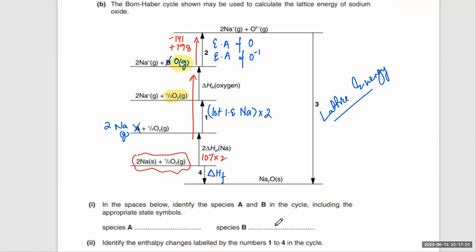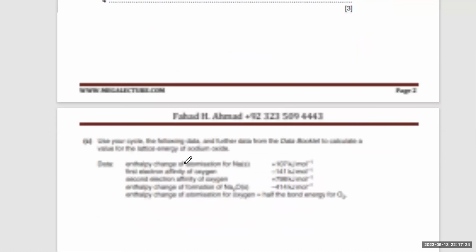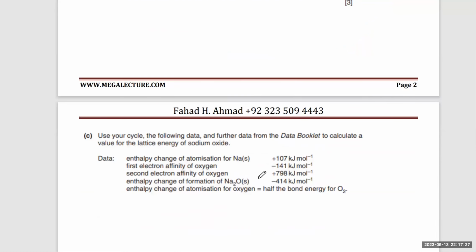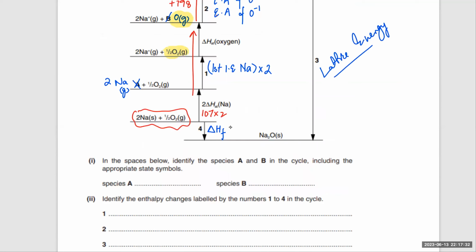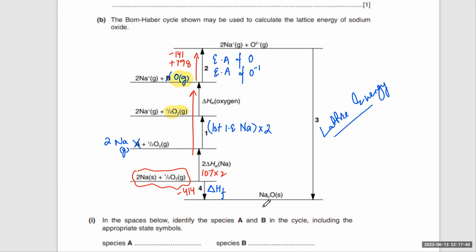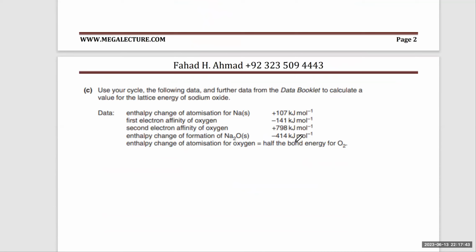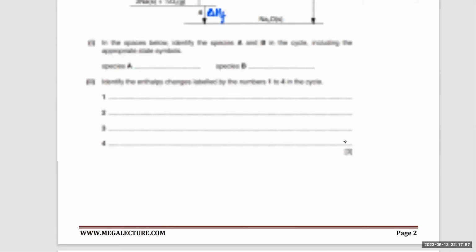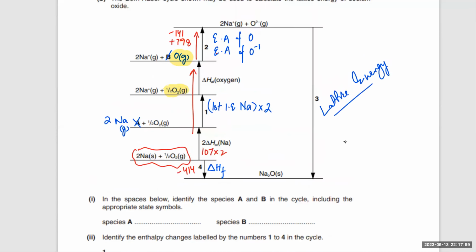They've given us the enthalpy change of formation of sodium oxide, which is -414. So this one is -414, and they've told us that the atomization of oxygen is basically equal to half the bond energy of oxygen. That is 496. That's going to be given in the question, it's in the data booklet. So that's half into 496. It's this part.